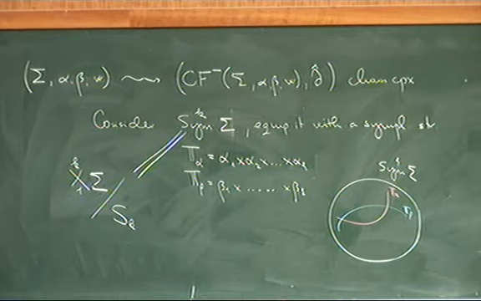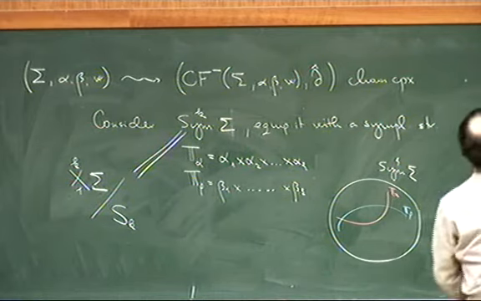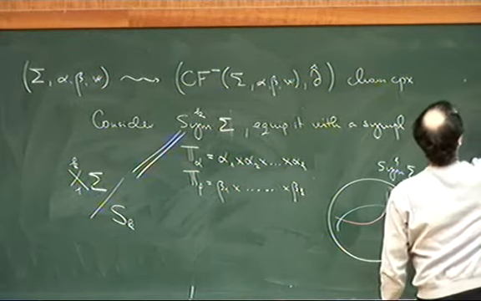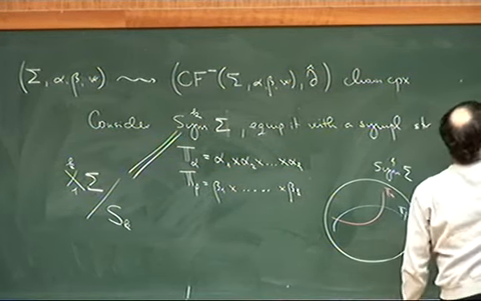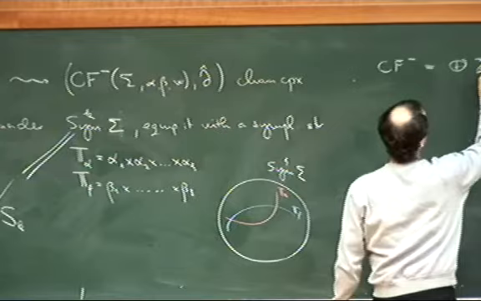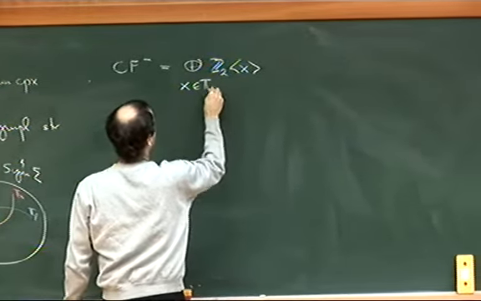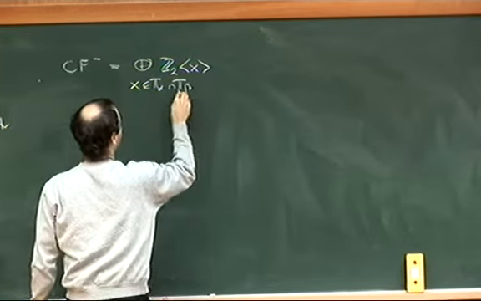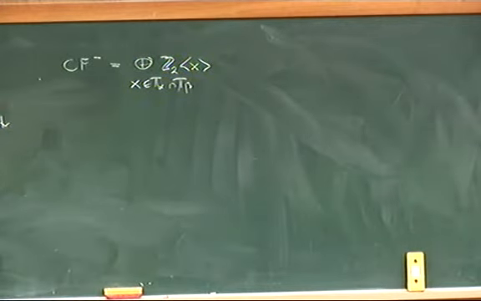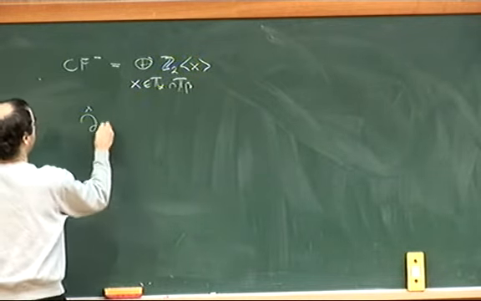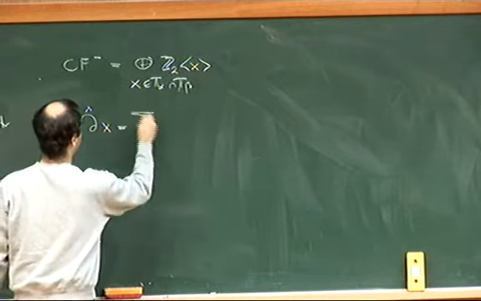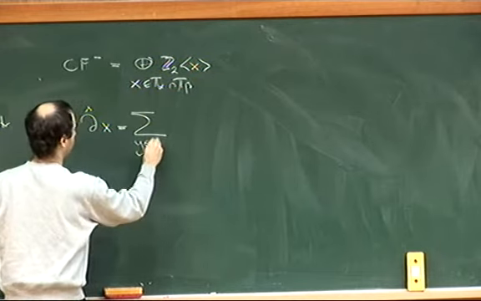CF minus is generated over Z2, the field of two elements, by the intersection points of these Lagrangian submanifolds, and we define the boundary map as follows.